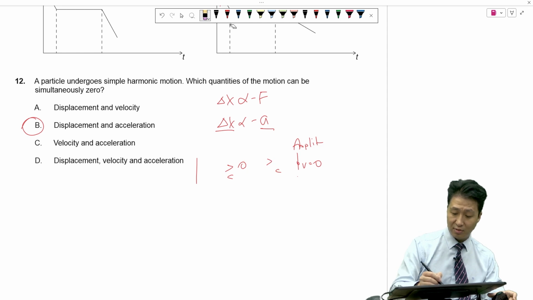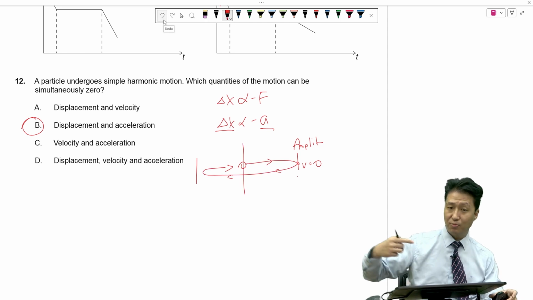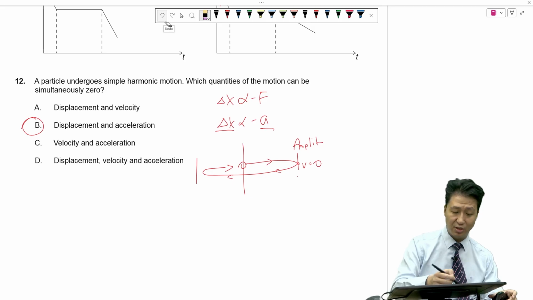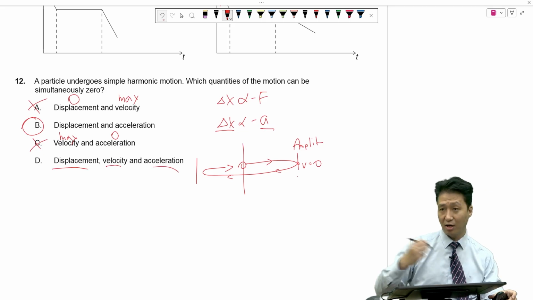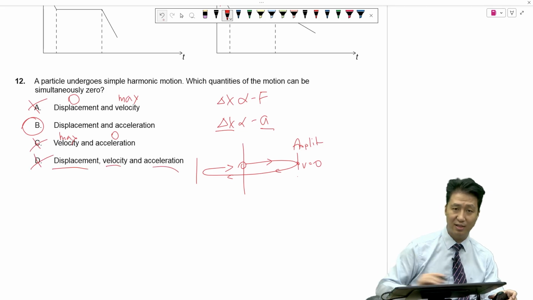When the displacement is 0, it's passing really fast through the equilibrium position, so the velocity is at the maximum. So it's 0 displacement, maximum velocity. It cannot be A. At 0 acceleration, 0 displacement is maximum velocity, so it cannot be C. And displacement, velocity, and acceleration cannot all be 0 at the same time. It cannot be D.